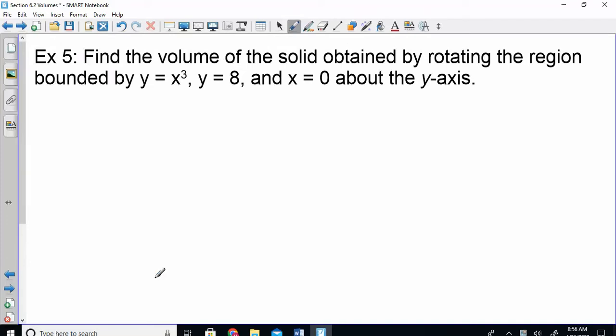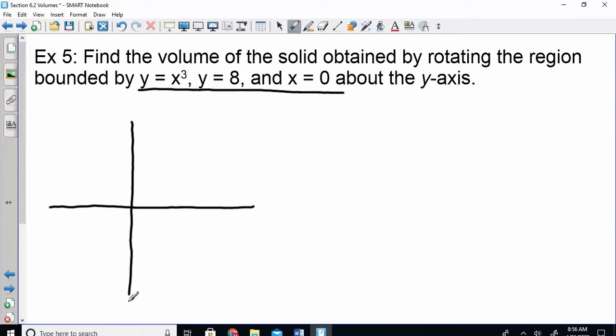So I want the volume of the solid obtained by rotating the region bounded by y equals x cubed, y equals 8, and x equals 0 about the y-axis. So the key to understanding these problems is drawing a picture. x cubed: 0 cubed is 0, 1 cubed is 1, 2 cubed is 8.